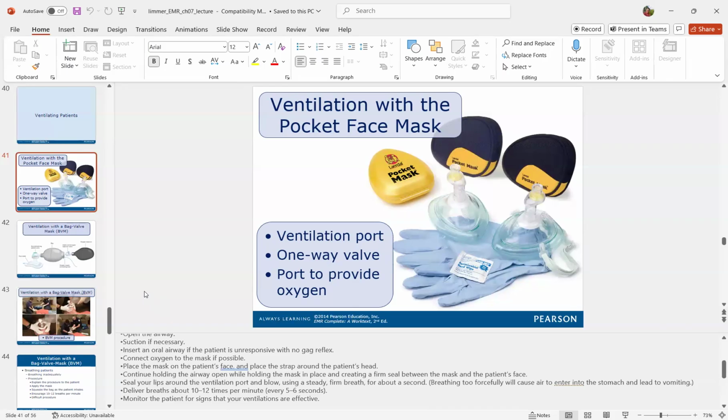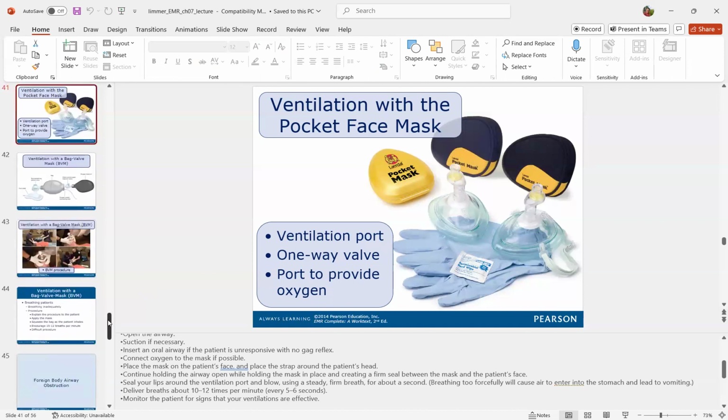We're going to deliver 10 to 12 breaths per minute. So one about every 5 to 6 seconds, we're going to breathe for people. We're going to monitor the patient for signs that our ventilation is effective, like they're getting good chest rise and fall. You're going to see some of your breath in this mask. So looking at that kind of stuff. So a pocket mask is a way that we can ventilate patients.